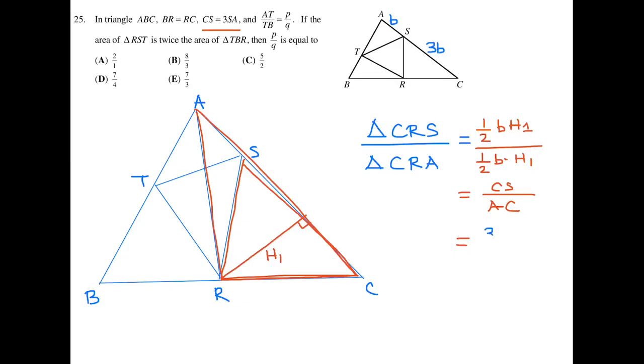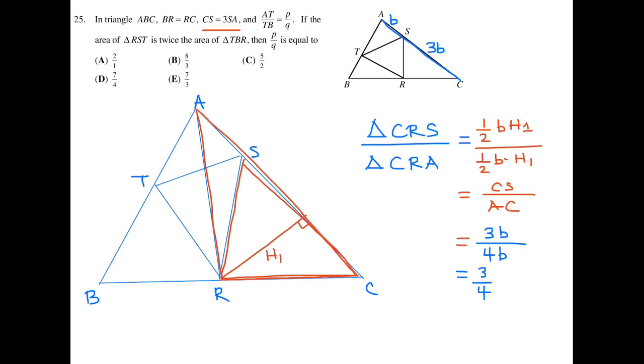So CS is 3B, AC is the whole side, which is 4B, and therefore you get 3 over 4. So you see how we did that? We used the sides to essentially create a relationship between two of the triangles. And we've got to do this several times.